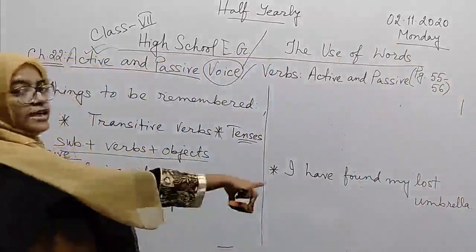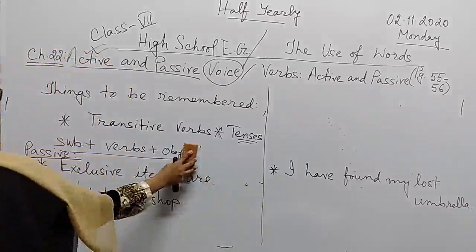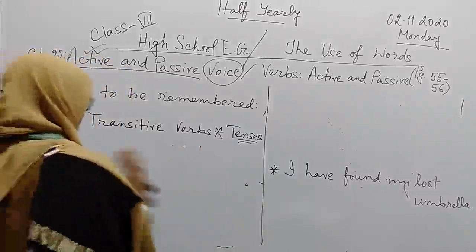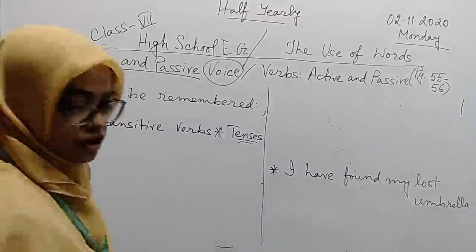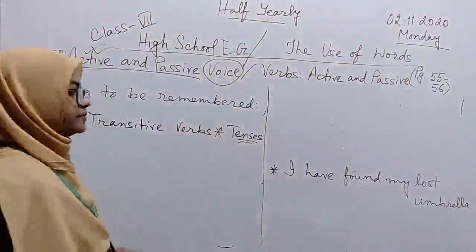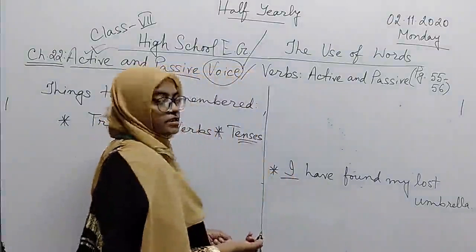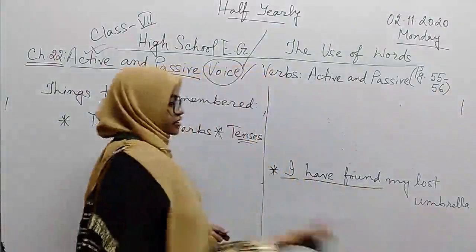See if you can read that sentence on that side. So it is written, I have found my lost umbrella. This clearly, once again, is the subject, which is doing the verb, the action.